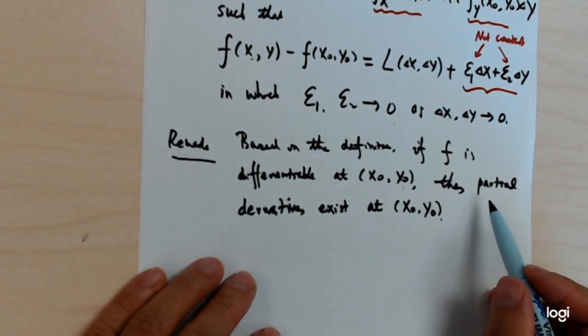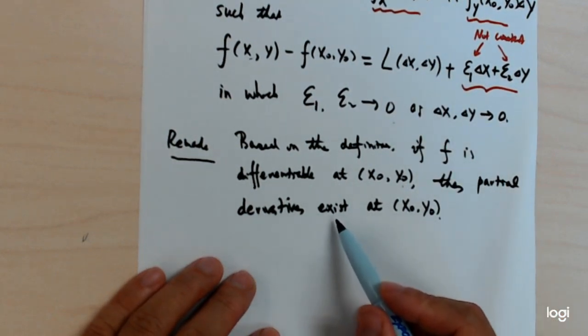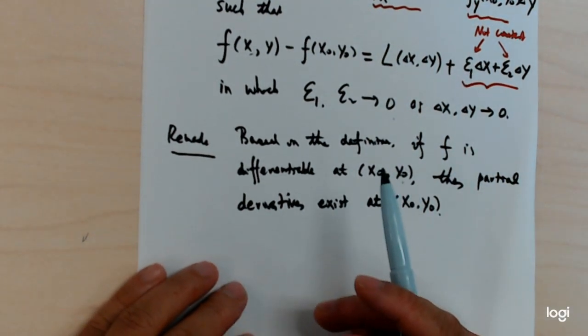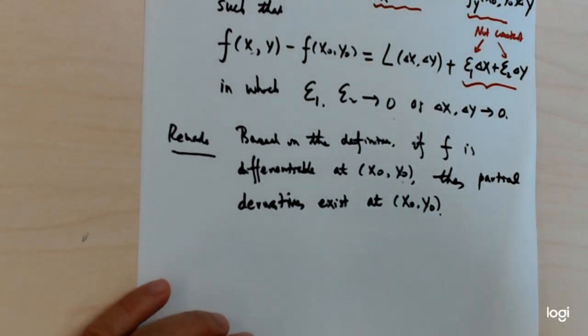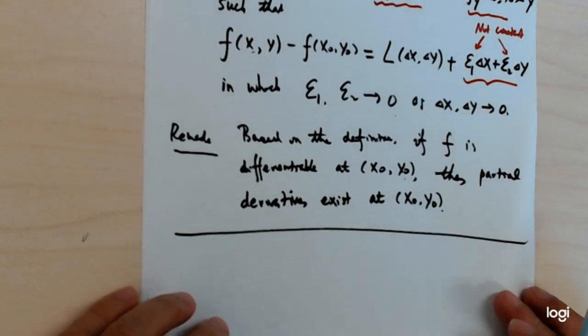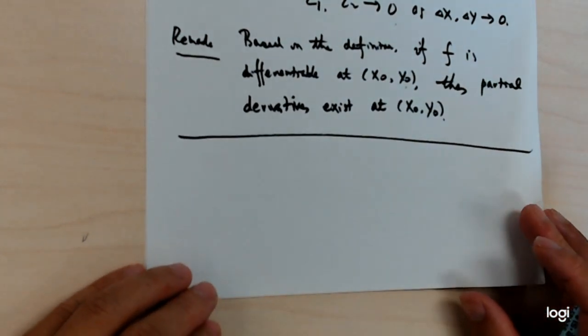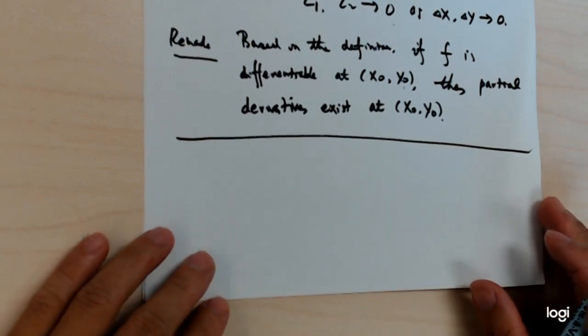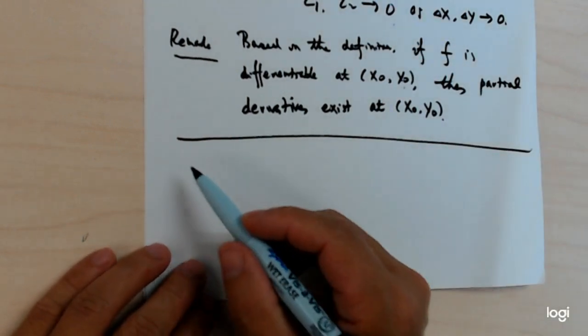In other words, if the partial derivative does not even exist, this guy cannot be what? Cannot be differentiable. Okay, cannot be differentiable. So I like to show you guys two examples explaining the meaning of differentiability.